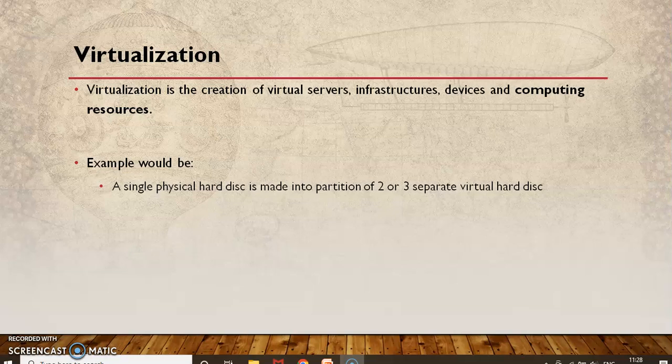That is always kept as a separate C drive in your laptop for the OS part, and the rest you can partition as D and E, where you keep all your data, whatever your Excel files or Word documents are, created on the D and E drives. Again, it's a virtual partition. You have a single hard disk, and that is being partitioned according to your requirement.